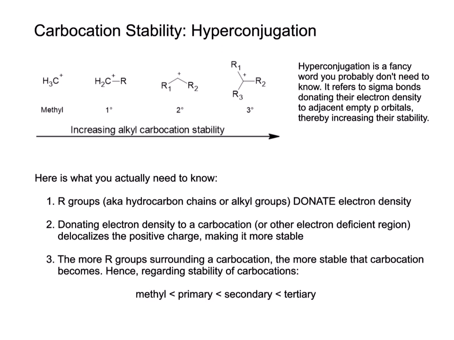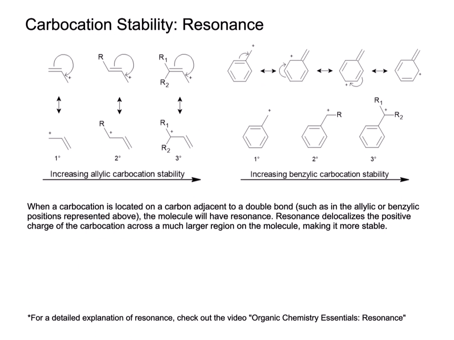And third, the more R groups surrounding a carbocation, the more stable that carbocation becomes. Hence, regarding the stability of carbocations, methyl is less stable than primary, is less stable than secondary, which is less stable than tertiary. Now, when it comes to these carbocations, methyl carbocations and primary carbocations are so unstable that they pretty much never form.